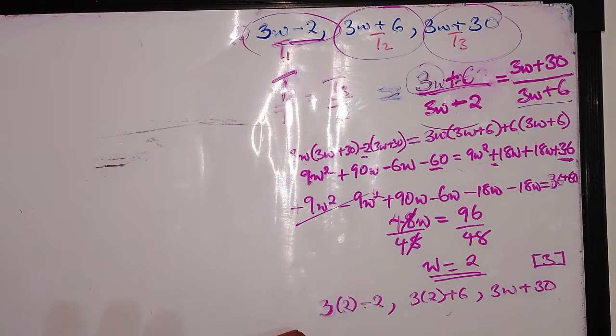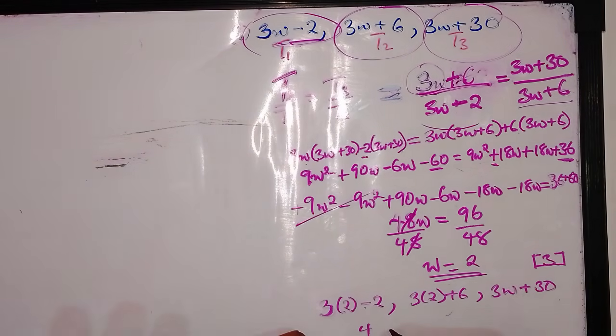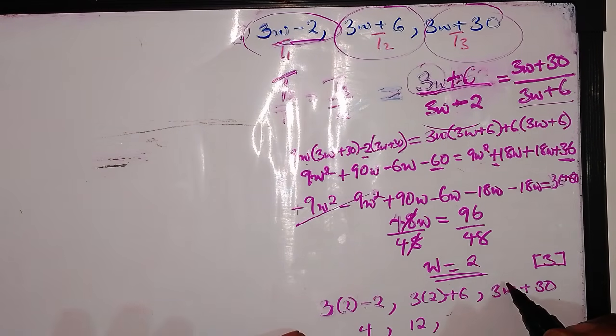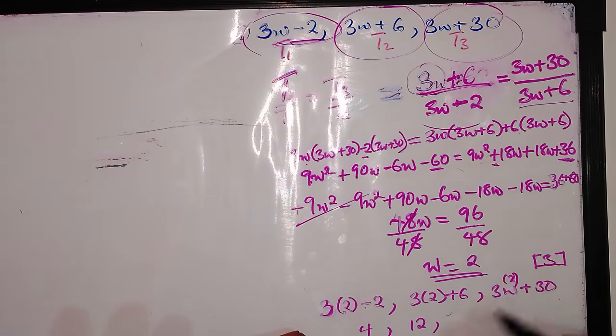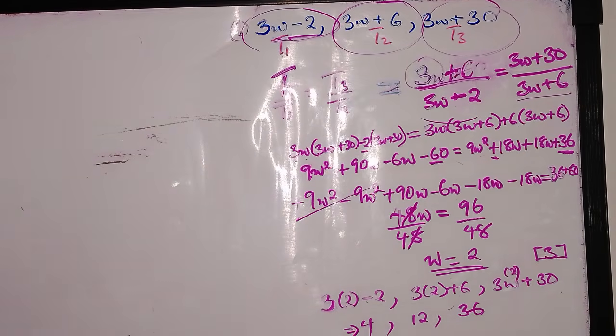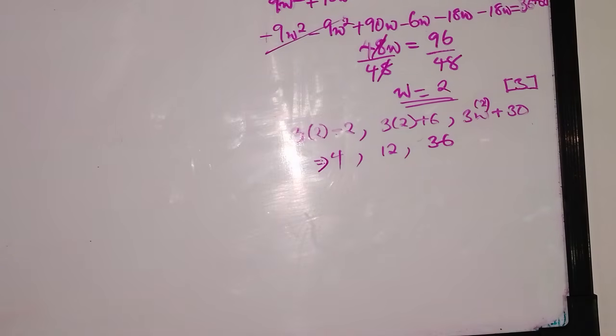So what is 3 times 2? 6. 6 minus 2 is 4, comma, 3 times 2 is 6, 6 plus 6 is 12, comma, 3 times 2 is 6, 6 plus 30, we have 36. These are the numbers which they gave us.